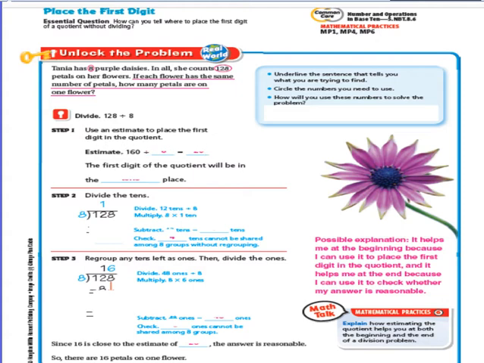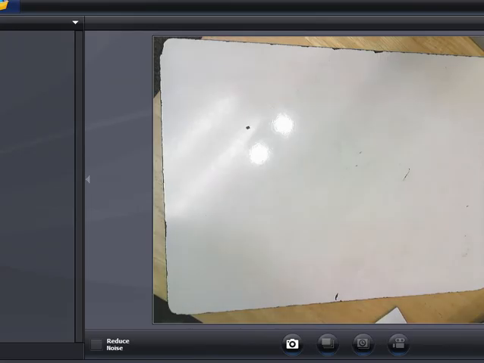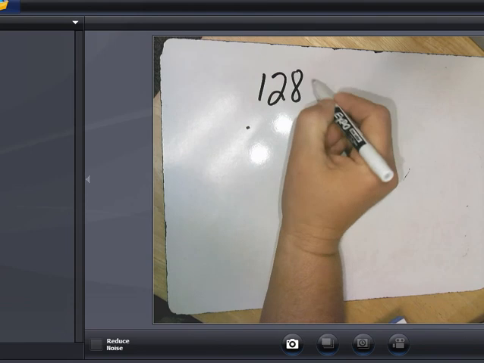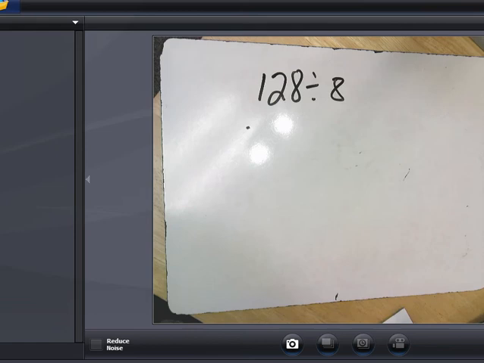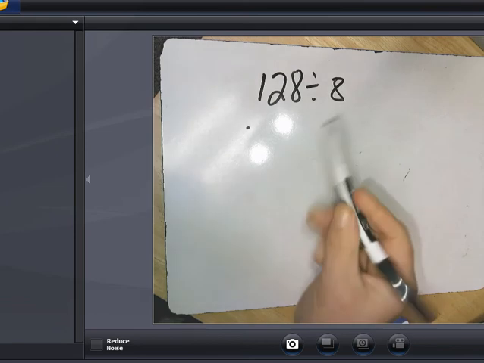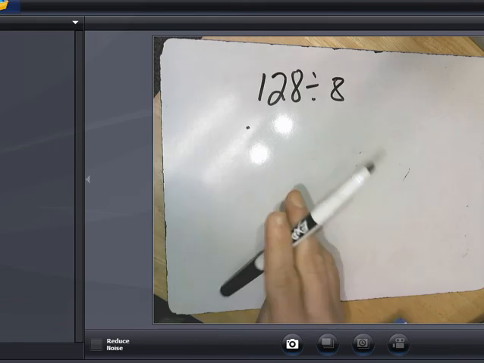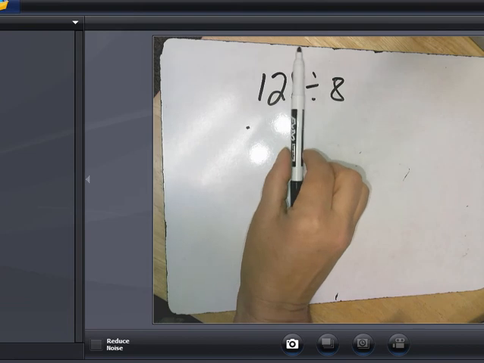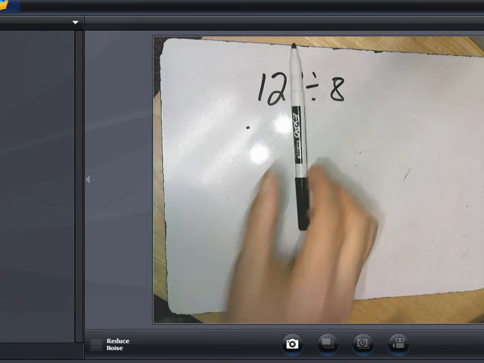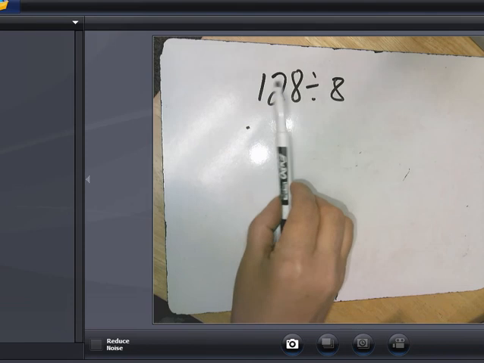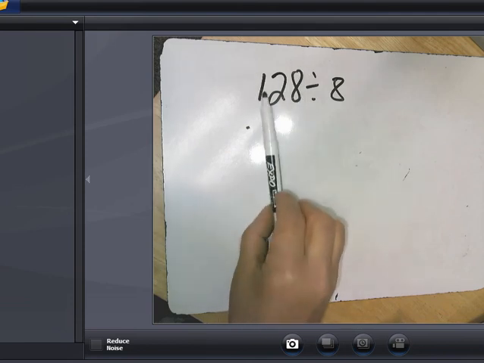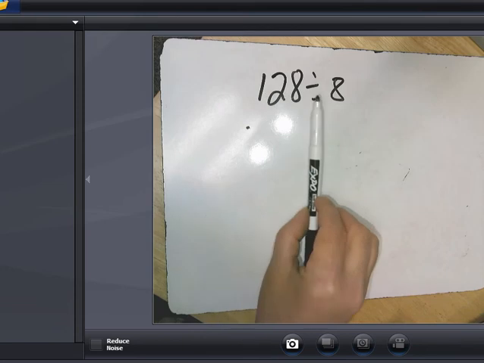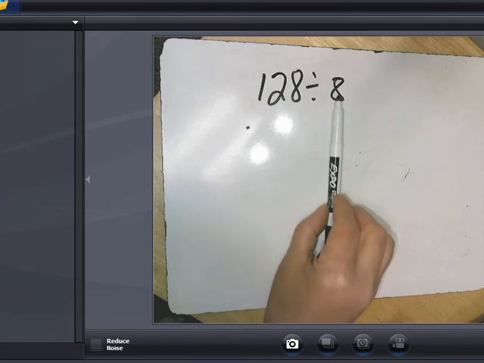So if you are estimating, and we have 128 divided by 8, what they tell you to do is look at those first 2 digits, just like I've been working with you, and say, well, what could I change if I'm going to estimate? What can I change the first 2 digits to, to make it easy to divide by 8?